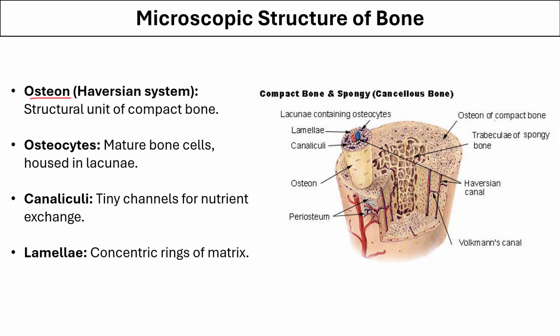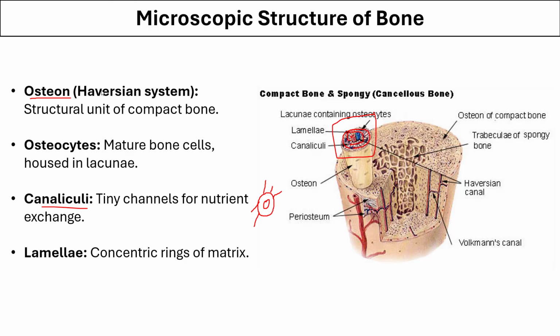An osteon is a structure which has blood vessels and circular rings of osteocytes, or bone cells, around them. These osteocytes are present in lacunae, and they communicate with other osteocytes through tiny channels called canaliculi.